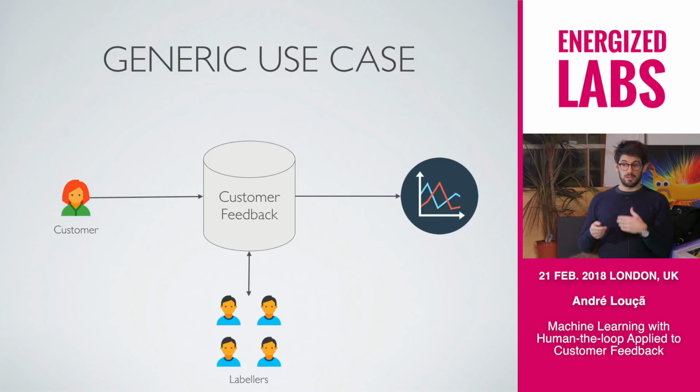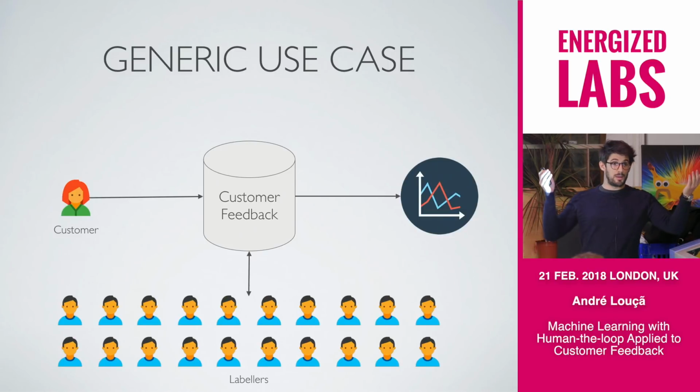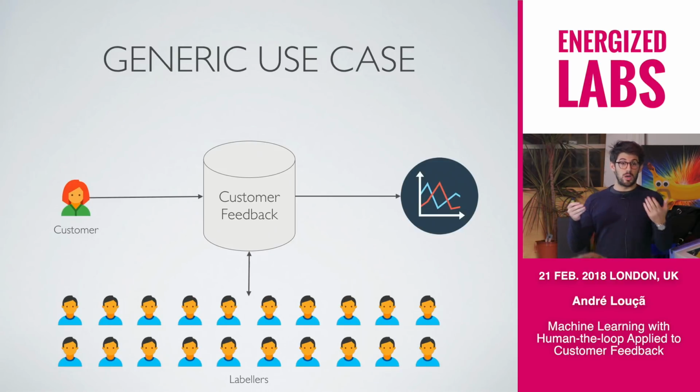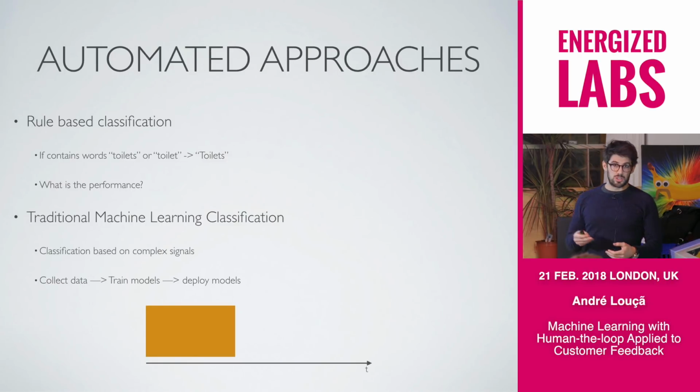The way that people are currently tackling this problem is, well, we get a bigger team. And actually, some companies say, if we have a bigger team, here in the UK it's really expensive, so why don't we create teams all over the world where labor is cheaper? For us, this is not the way to go, and we believe that an automated approach is the way to go.